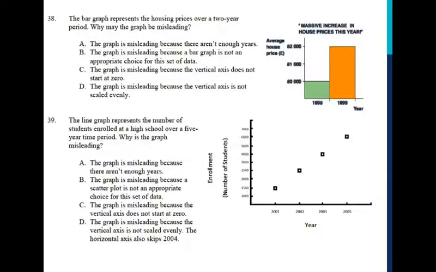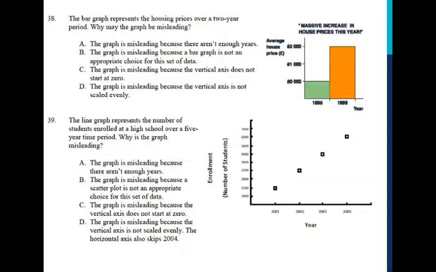All right, the bar graph represents the housing prices over a 2-year period. Why may this graph be misleading? The graph is misleading because there aren't enough years. The graph is misleading because the bar graph is not an appropriate choice for this set of data. The graph is misleading because the vertical axis does not start at 0. The graph is misleading because the vertical axis is not scaled evenly. Let's see.